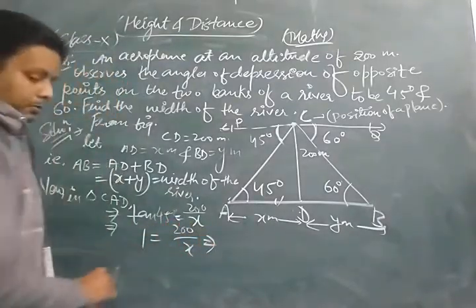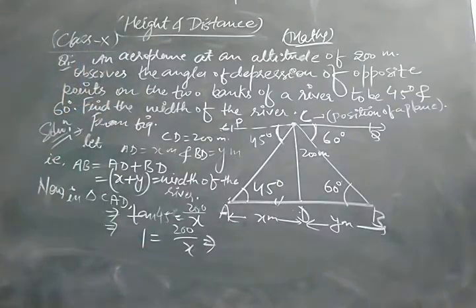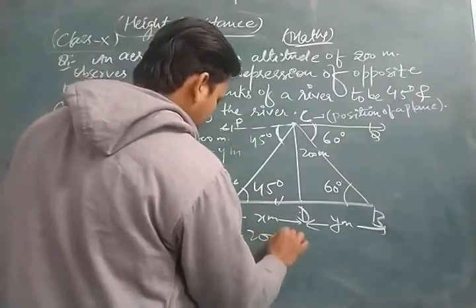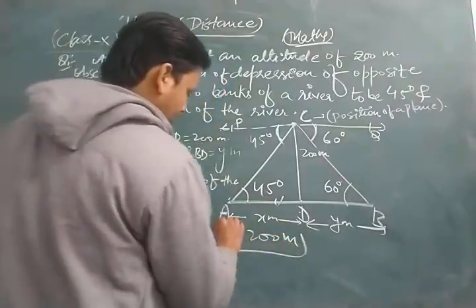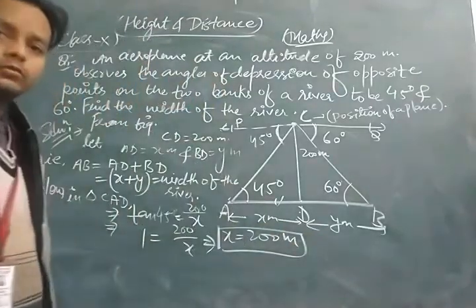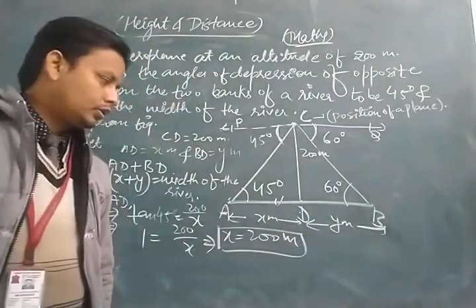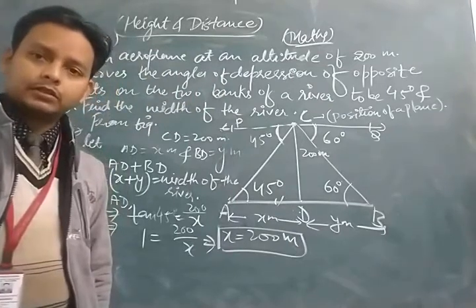Now we do cross multiplication, dear students, so x is equal to 200. Now, dear students, x is equal to 200 meters.